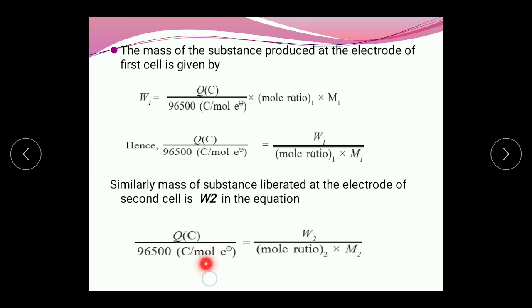Q upon 96,500 remains as it is, equal to W2 upon mole ratio 2 into M2. As Q upon 96,500 is common on the left side, we can equate the two right sides.